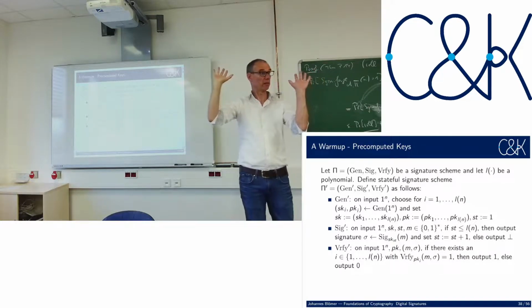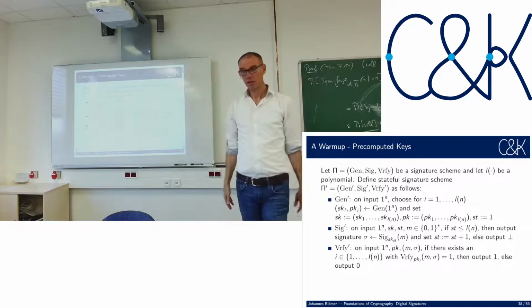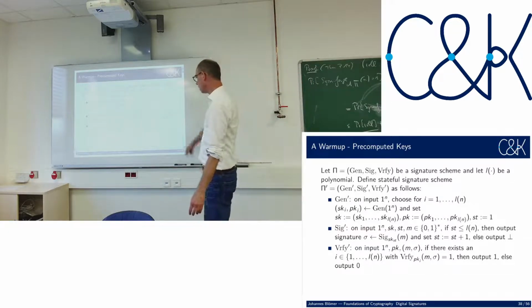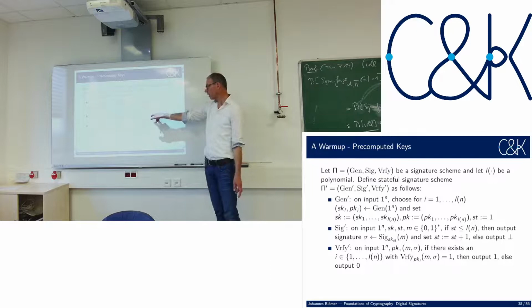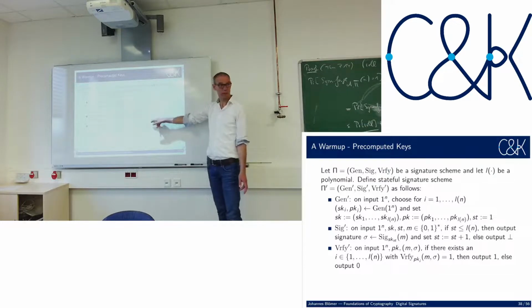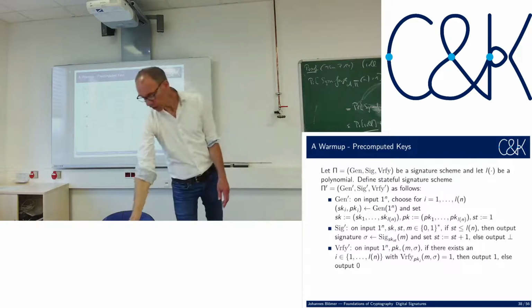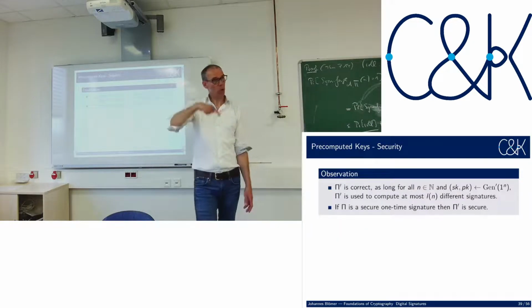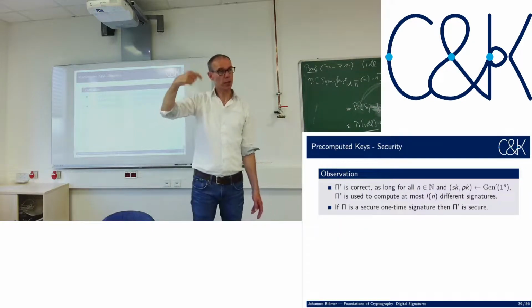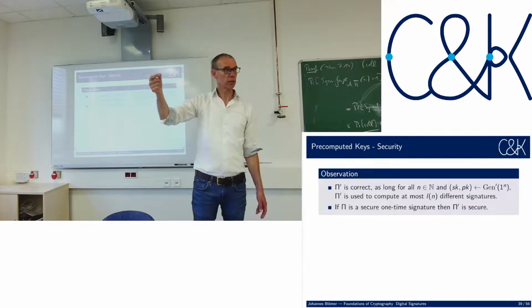I can't do that. This is because if the state is less than or equal to L of n, I output something, otherwise I output the failure symbol. So this is a correct signature scheme as long as I only need to compute L of n many signatures.